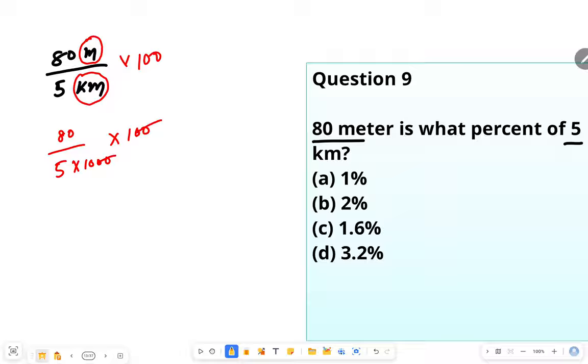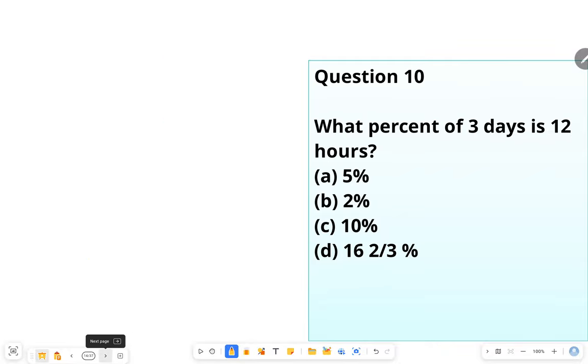Now 8 upon 5, if you divide this, how much will you get? 1.6%. And which option do we have? Option number C. That's fine.